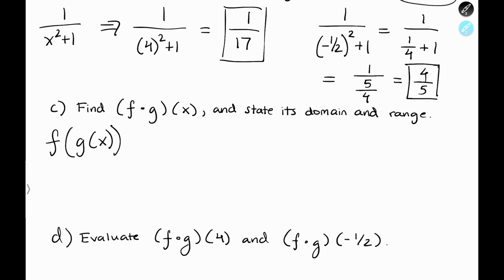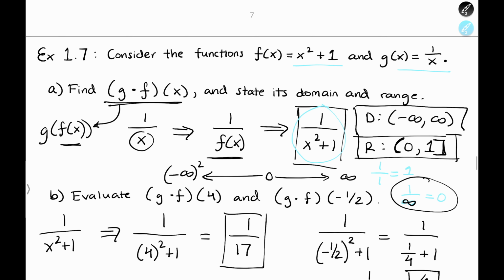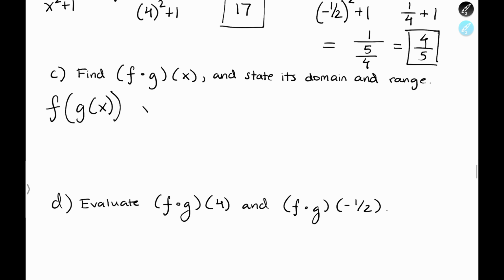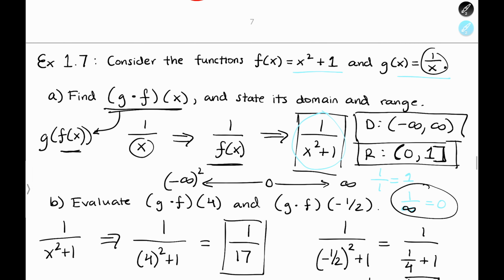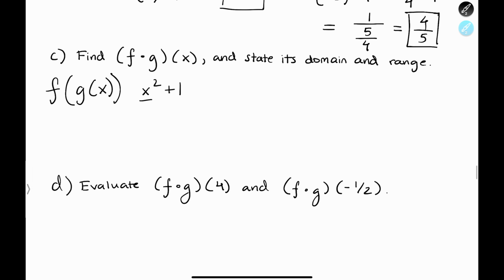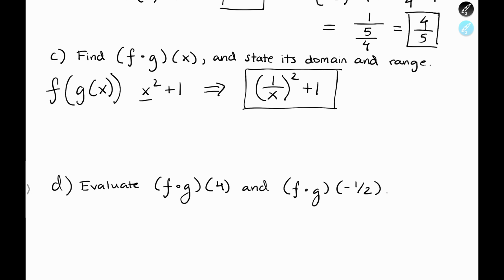So we know that f of x is x squared plus 1. And so if we were to substitute in g of x, which is 1 over x, into x, basically, we would get 1 over x squared plus 1. So this is equal to our f of g of x function.